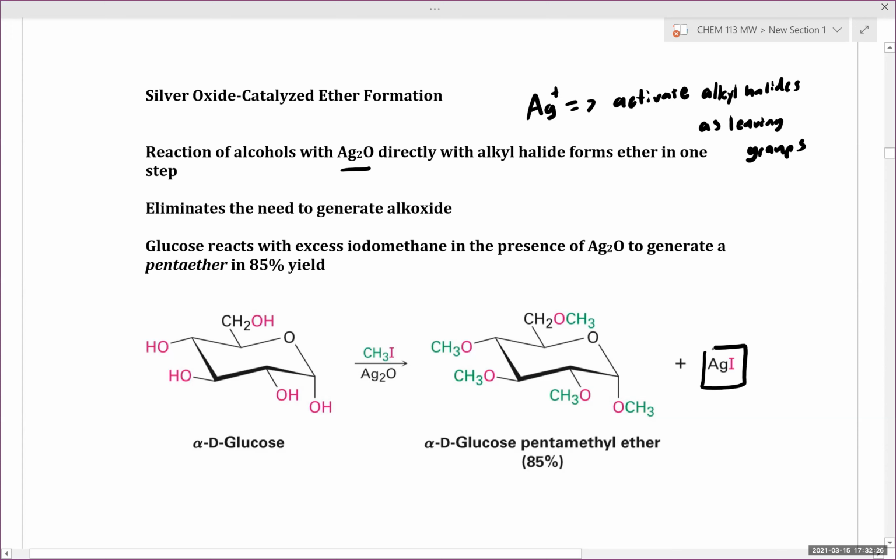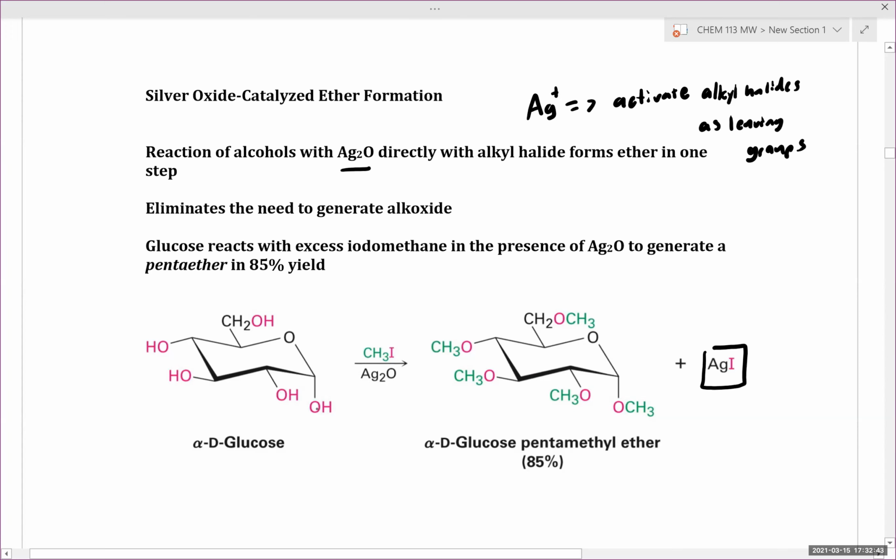Formation of this silver halide salt is a driving factor that helps drive the reaction to completion, in addition to the fact that the silver salt will coordinate and activate your halide to leave.